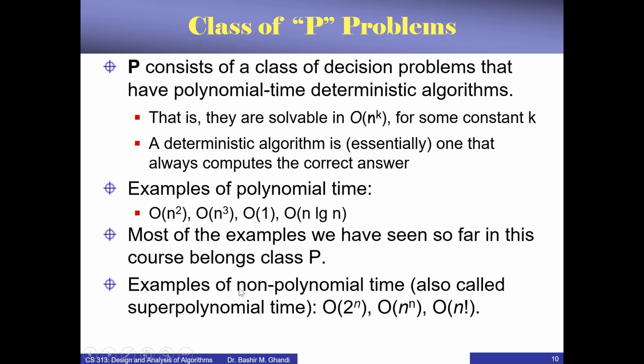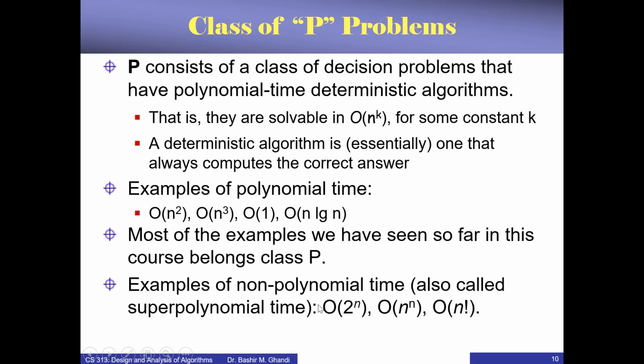So what are examples of non-polynomial time, which are also called super polynomial time? If your algorithm turns out to have a runtime of big O of 2 to the power n, so it's exponential, or n to the power n, or n factorial. n factorial is almost like n to the power n, because n times n minus 1 times n minus 2 and so on.